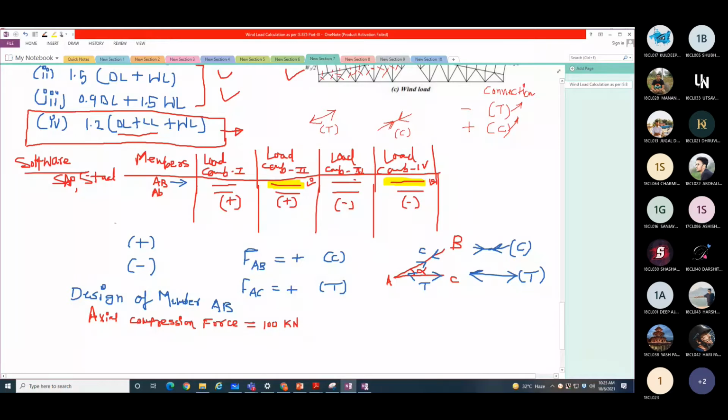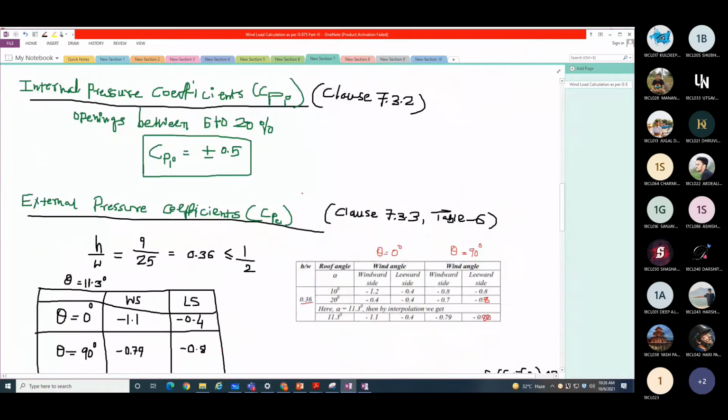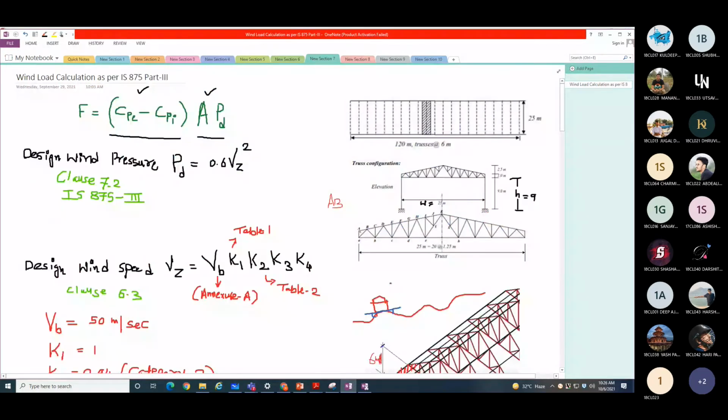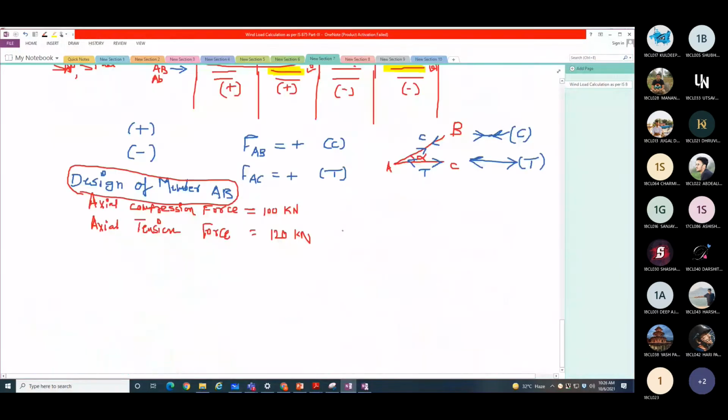And over here I am getting a negative sign, meaning axial tension force, say for example 120 kilonewton, right? So this is my member design. For this stress I require to do the member design, meaning which member I will provide here at the AB section, right? So this is 100 kilonewton, this is 120 kilonewton.